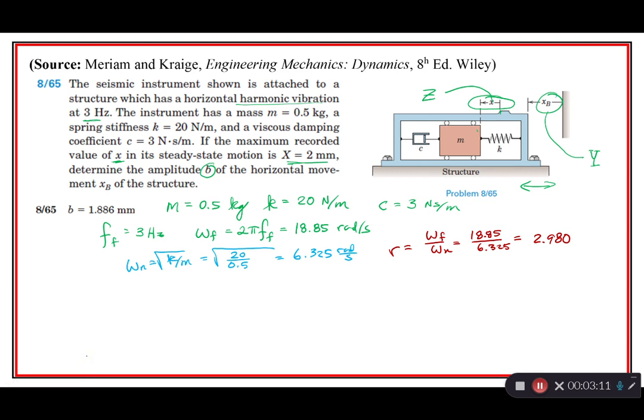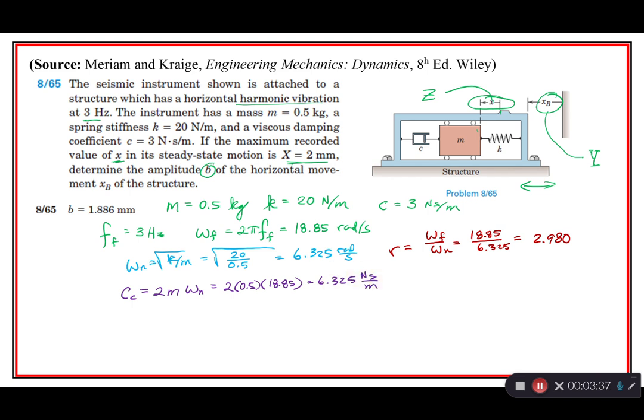Let's take a look at the damping. We have the critical damping of 2 mass times the natural frequency. So 2 times 0.5 times the natural frequency, and we end up with 6.325. This is weird, somehow we got the same number, but it's just a coincidence, nothing to do with each other.